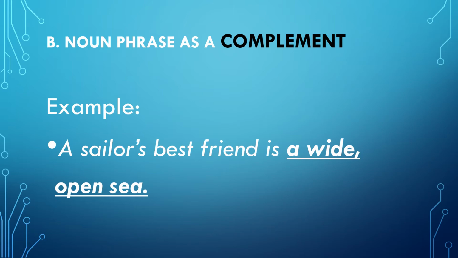What is the noun phrase in this sentence? That is right. A wide open sea. The noun phrase a wide open sea gives us more information about the sailor's best friend, which is the sea. Therefore, it acts as a complement to the noun phrase a sailor's best friend.